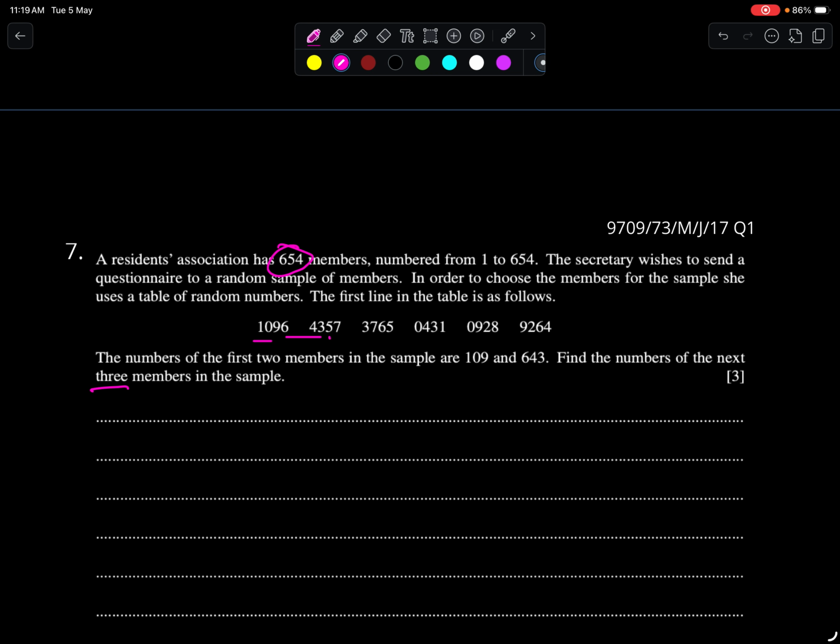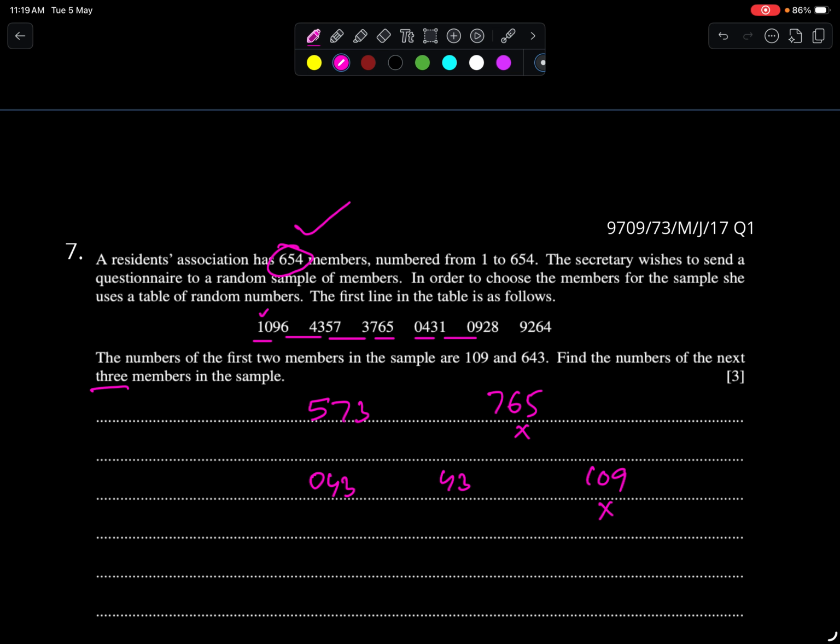So the next number is 573. This is fine. This is in the range. The next number is 765. This is outside the range. Just cancel this. The next one is 043. You can either write 043 or 43. Both are fine. Then 109. 109 is a repeating number.